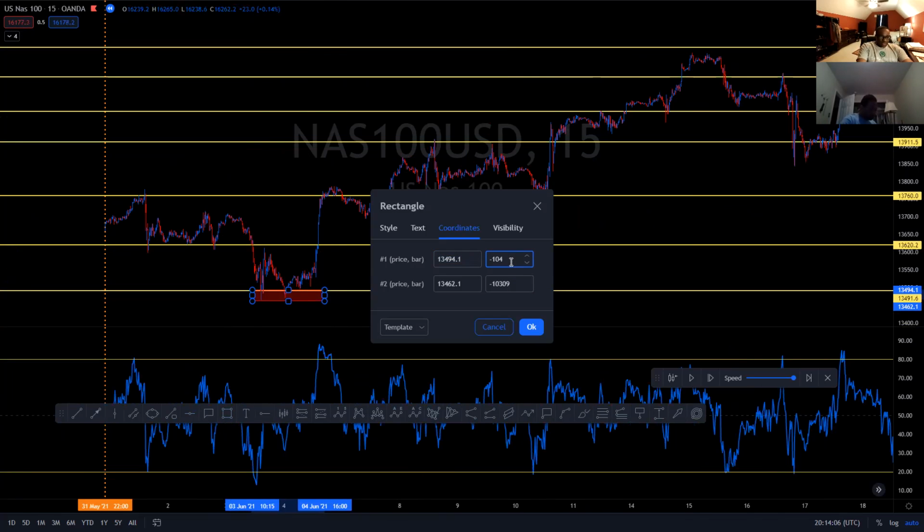Change the coordinates to everything. It's kind of similar to what I was doing before, but I do it in a different fashion.